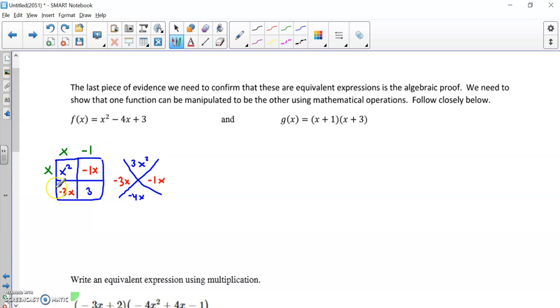That's going to be -1. And then x times what is -3x? That's -3. And so I end up with x minus 1, x minus 3. You look at g of x and you're like, man, those are not the same. So then we know for a fact that they are not equivalent.